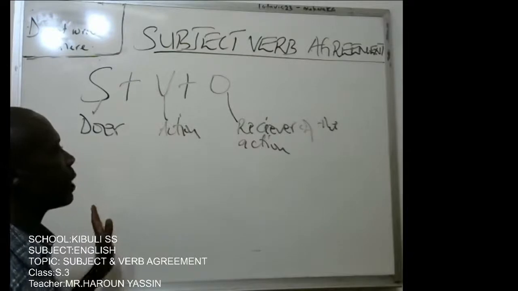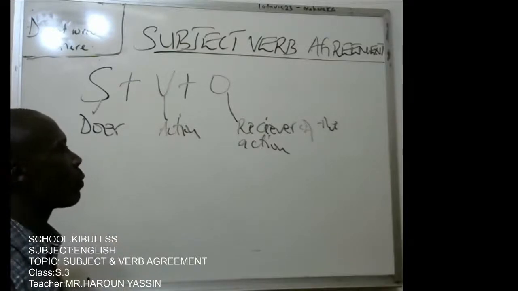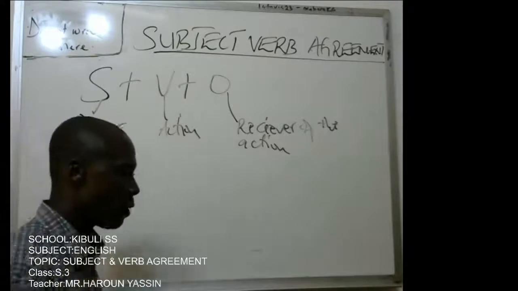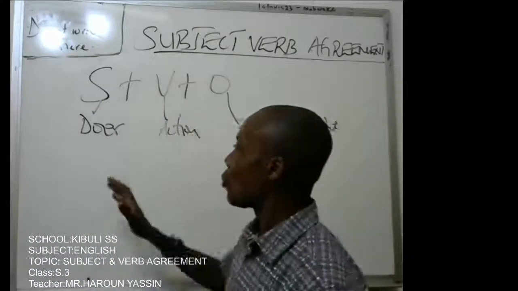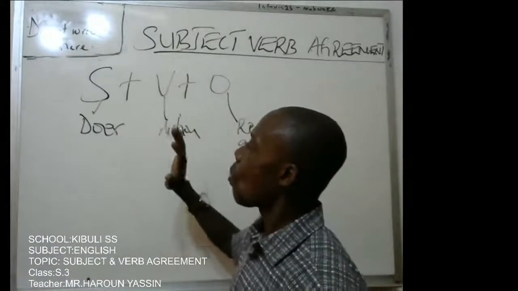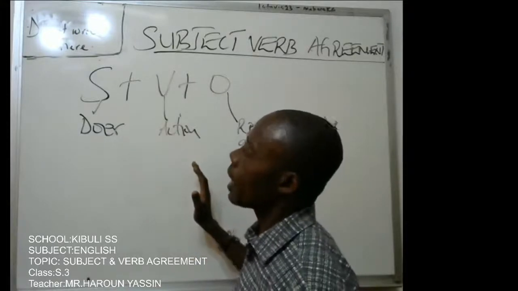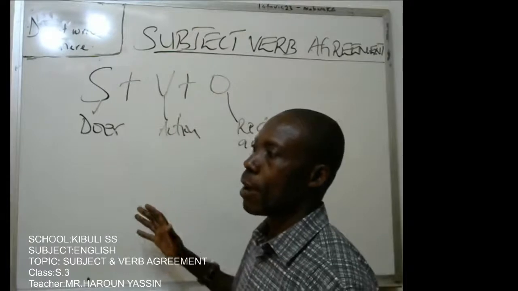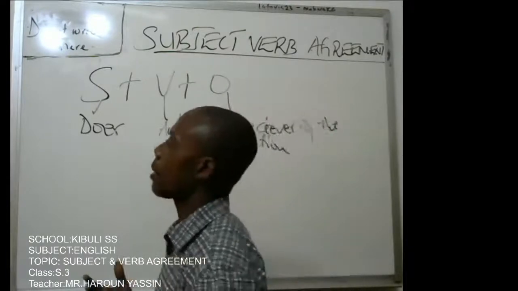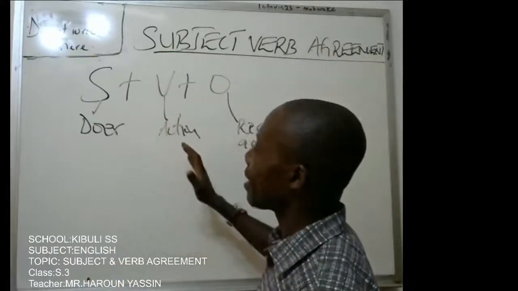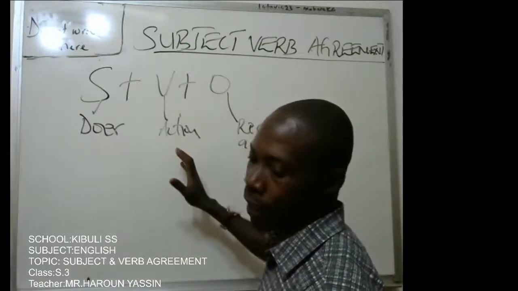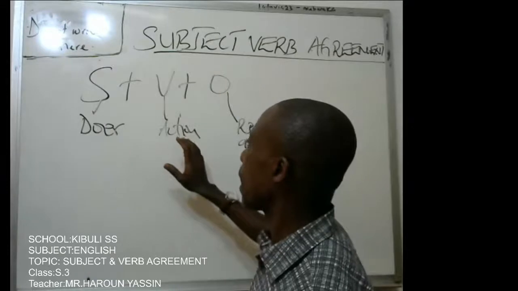From experience, you'll find that a number of students will always swim between 0 and 5. The reason is that you don't take time to know what is placed where in a sentence. You simply do things mechanically. But it's not mere guesswork, just as I've been saying. There should be something that you follow in order for you to come up with that correct sentence.